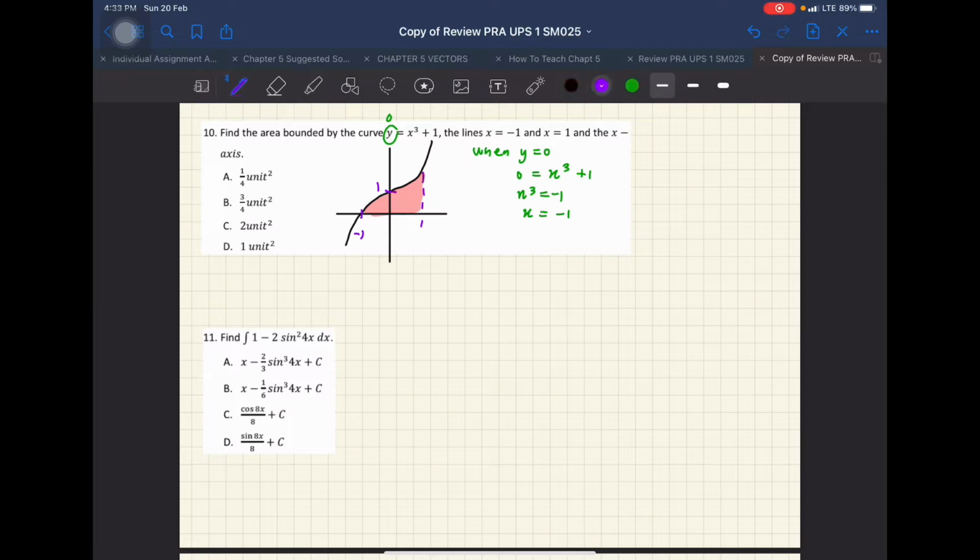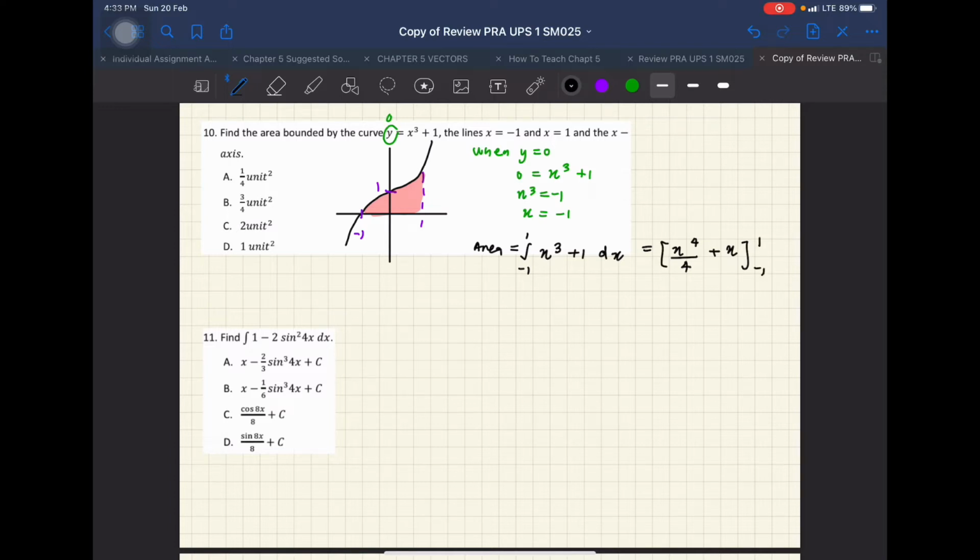Okay, so jom, let's find the area. So area is equal to integral from negative 1 until 1. Okay, and then our function is x cubed plus 1 dx. Okay, so integrate, you will get x power of 4 over 4. And then you have plus x. Oh, sorry, it's plus x from negative 1, 1.